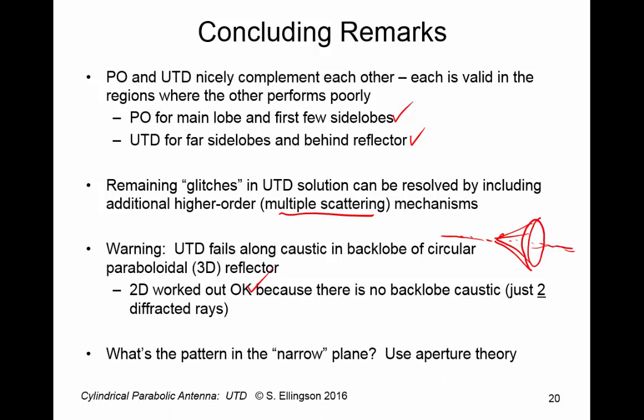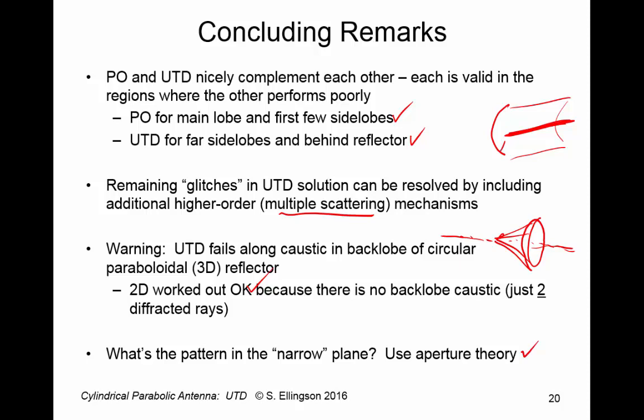And finally, you might ask, well, what's the pattern in the narrow plane? In other words, we've been considering exclusively this plane. What about the other plane? Well, there you can use aperture theory. This thing is just a line source. So to a good approximation, you could just apply the theory of line sources, or more generally aperture theory, to come up with a pretty good guess.